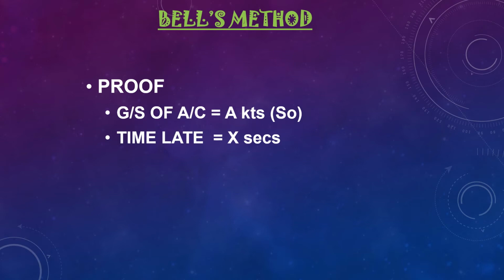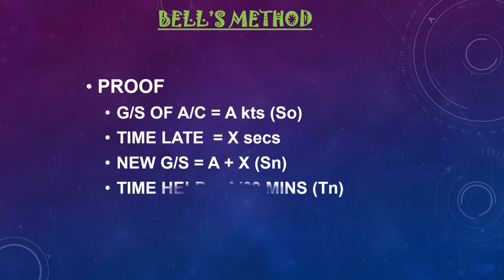Assuming the ground speed of an aircraft is a knots and it is late by x seconds, by Bell's method the amount of speed change should be equal to x knots. Hence, the ground speed should be a plus x. Also, the amount of time the new speed has to be held should be equal to the basic ground speed per minute, which is nothing but a by 60 minutes.